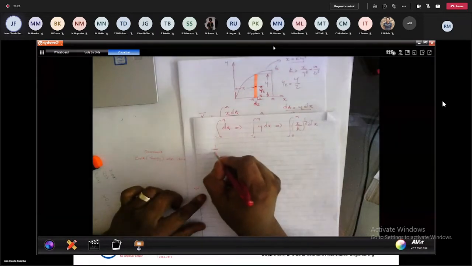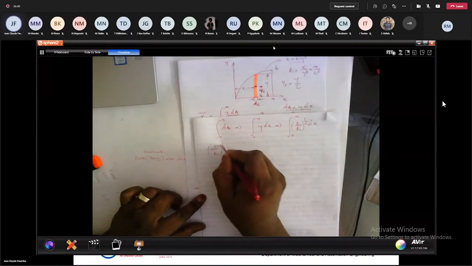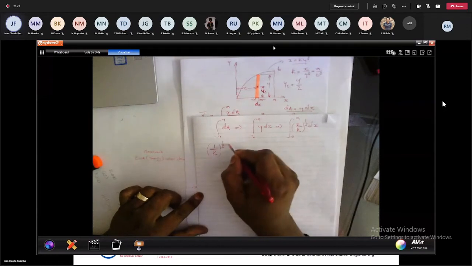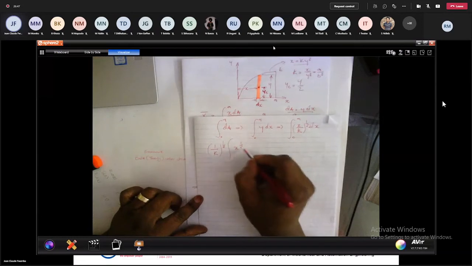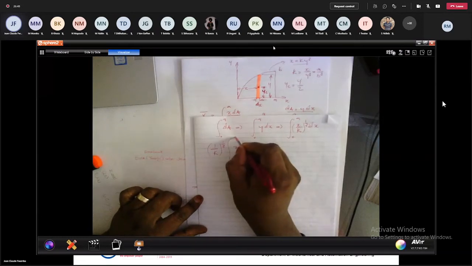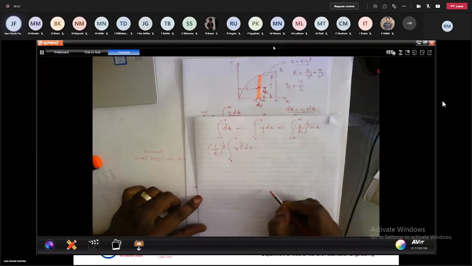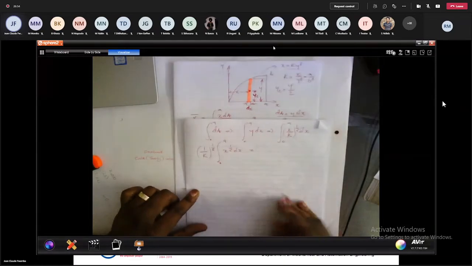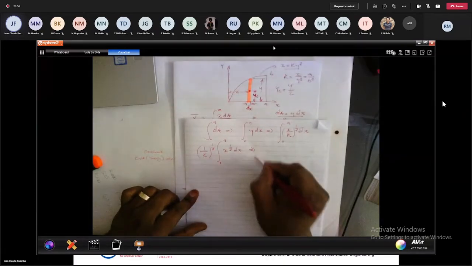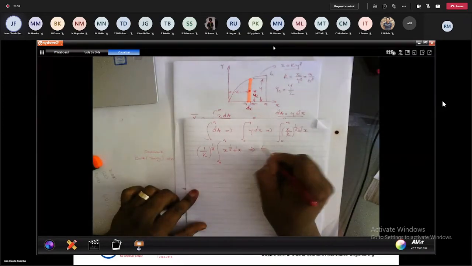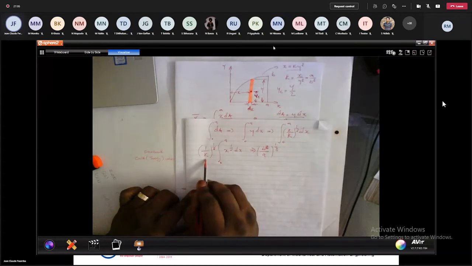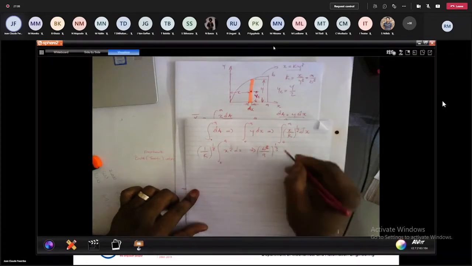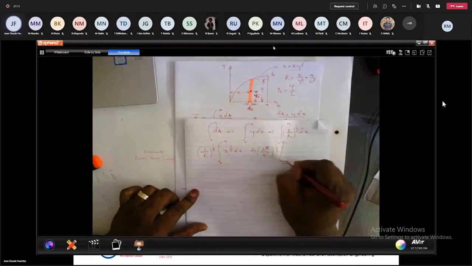My constant, I can take it out of my integration. x exponent 1/3 dx within my limit, which takes me to b squared, or b cubed over a exponent 1/3. I just replace the value of k by what it is. Now I can solve my integration.